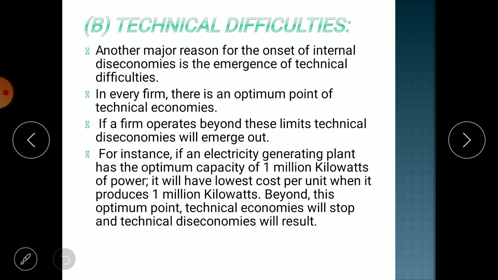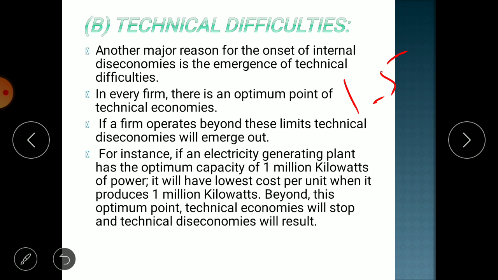Take an example that your machine has the capacity of only 1 million kilowatt, then you should produce only 1 million kilowatt. In greed of earning more and more profit, if you overrun your machine, suppose you are producing 1.5 million kilowatt, then definitely your cost per unit will increase. How? It will result in a lesser life of your machine.